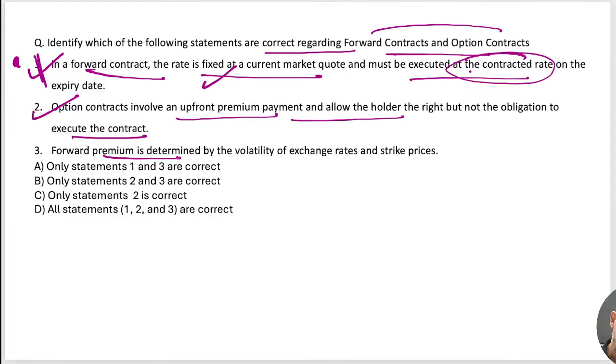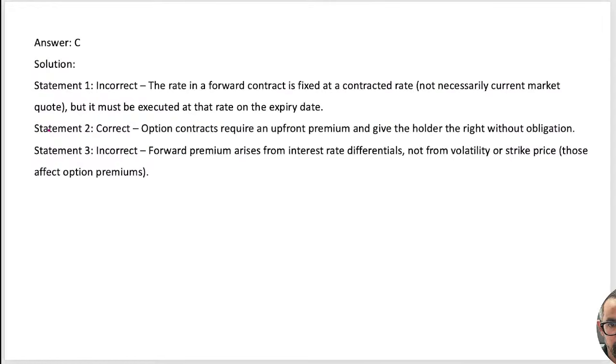Forward premium is determined by the volatility of the exchange rate and the strike price. Forward premium is generally from the interest rate, not based on volatility, right? This should be wrong also. Option C should be the right answer. We'll check the answer. Yes.